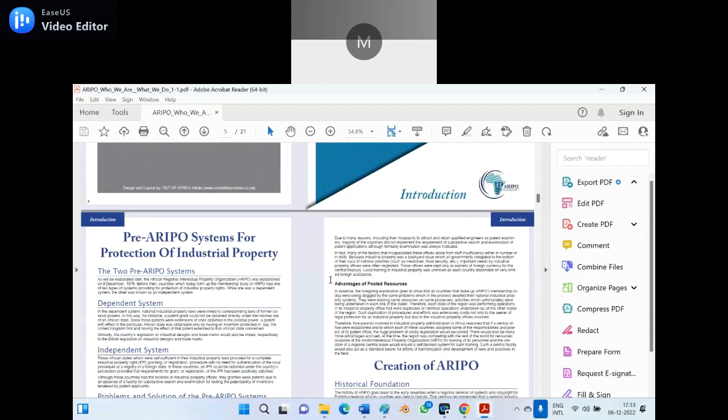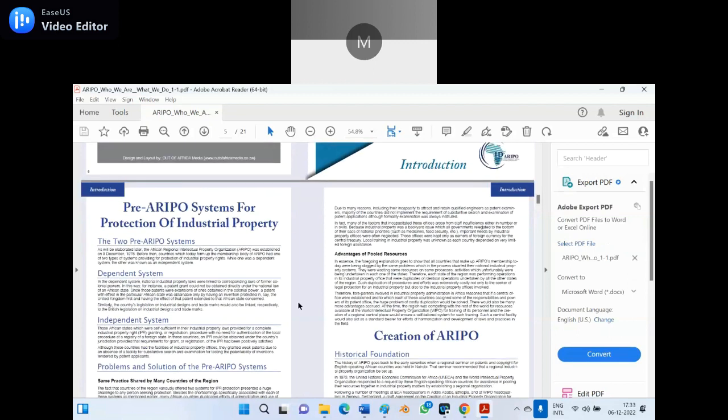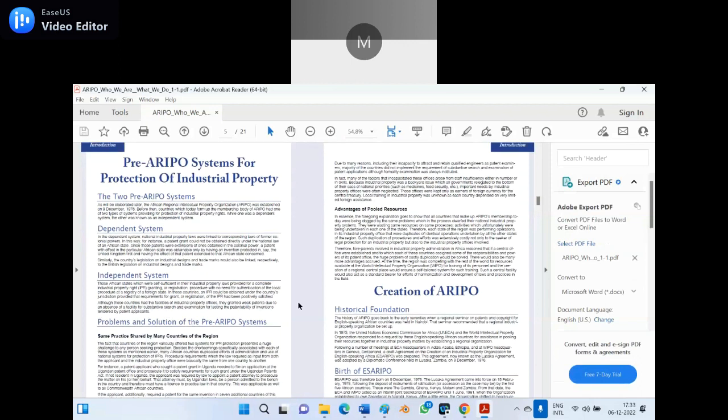So pre-ARIPO system for protection of industrial property. How it was there before, then when ARIPO was created, how it functions, is very clearly written in this book. What I want to show you is there. The two pre-ARIPO systems are there, and the letters are very small, but I can make it out.